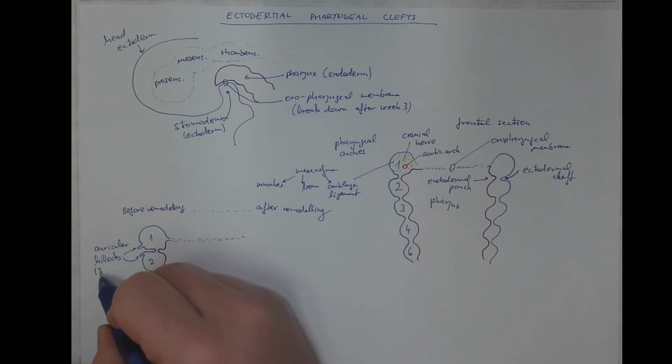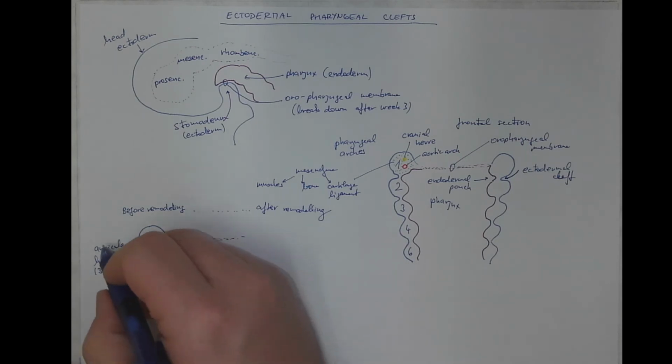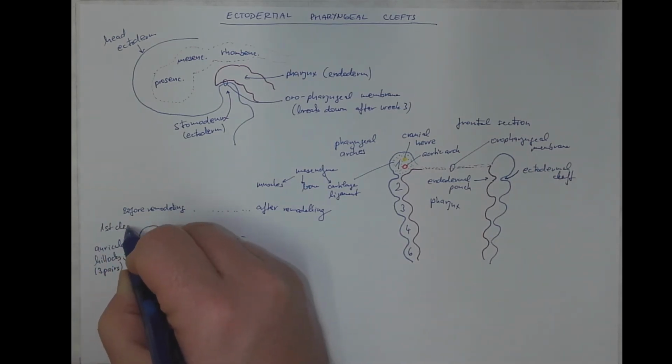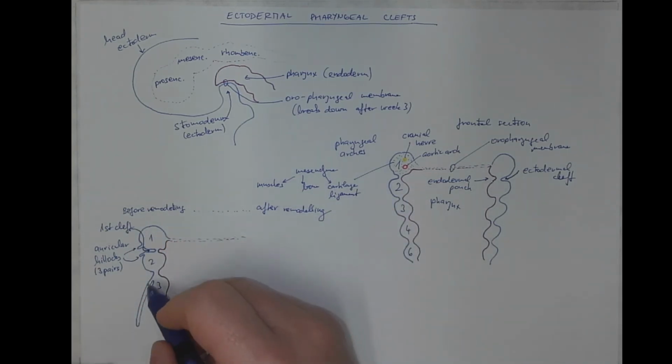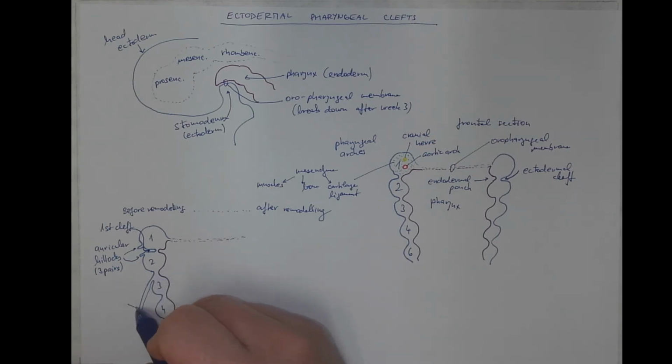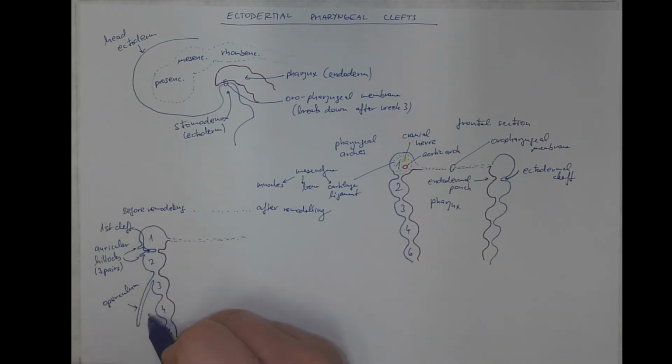There are 3 pairs of the structures, so 6. And what is the first ectodermal cleft here? This will be the first cleft. Now this structure emerging here is the so-called operculum, and the space that is below the operculum, the temporary space, is called the cervical sinus.